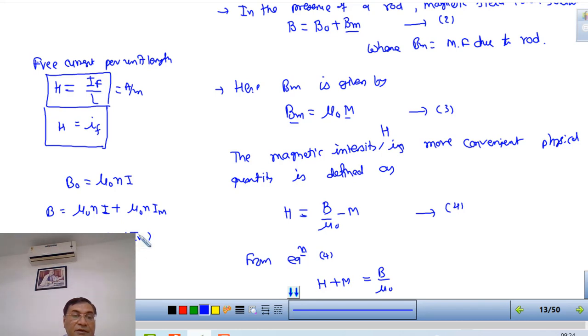And Im you can imagine as the current flowing in the solid material. This is called the magnetizing current. Remember this. And this quantity is called H. H is equal to n I, the magnetic intensity.